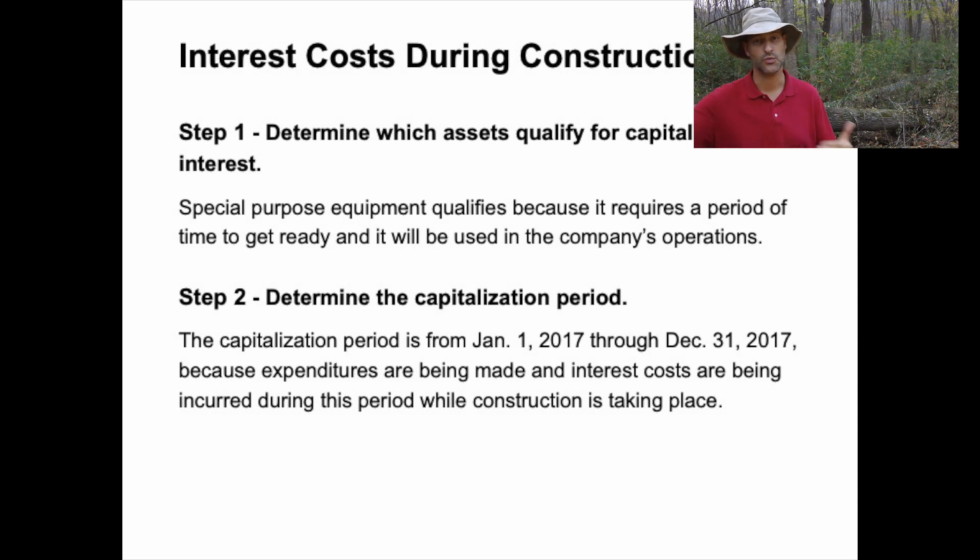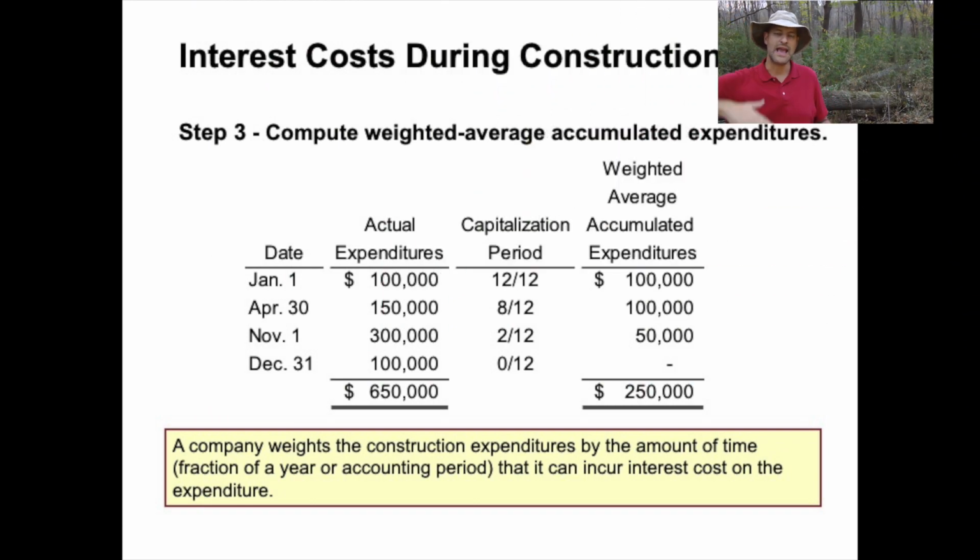Our capitalization period is 1 year, and now we have to figure out what the expenditures associated with the construction of that asset are. I'll put up a slide here laying out the expenditures we just mentioned, and the capitalization period. That's the percent of the year that they're outstanding.